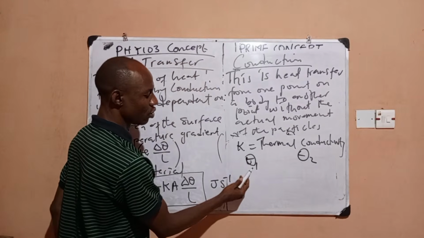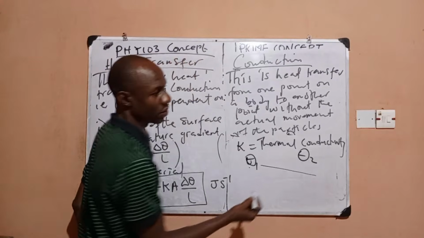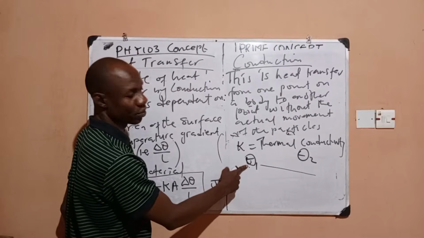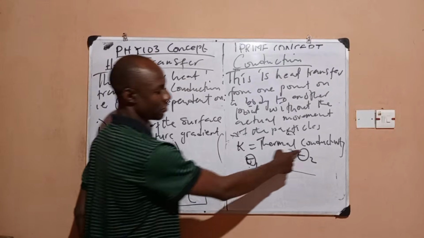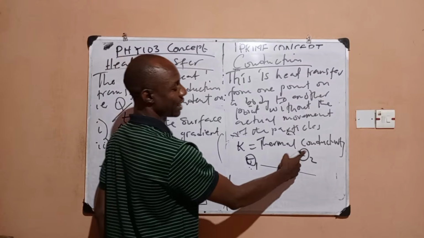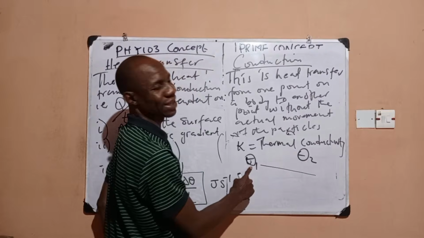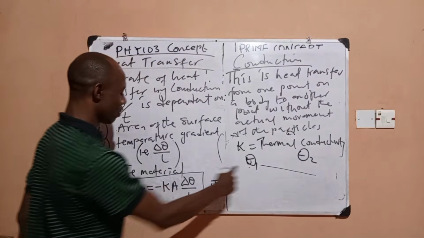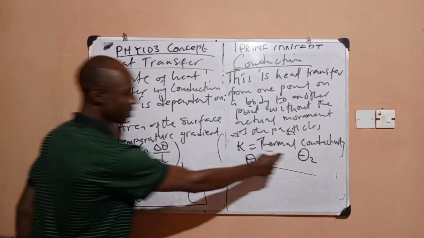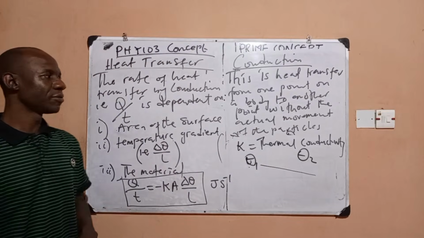Heat would usually be transferred from the higher point to the lower point, from the initial position, which is theta 1, to the final theta 2. So remember, the initial would always be bigger than the final. And that is why when you say theta 2 minus theta 1, it will be negative. So this negative is there to cancel the negative that will be obtained from this. That is why you have a negative in this formula.